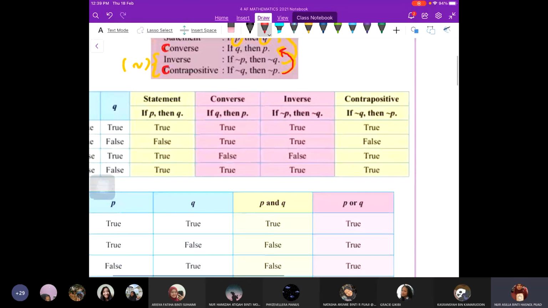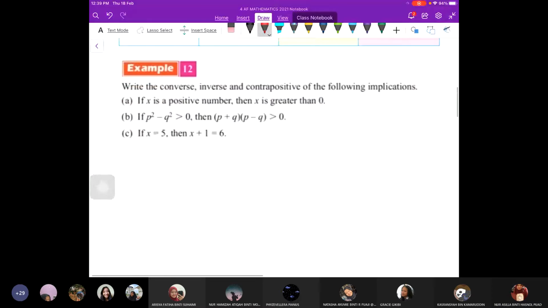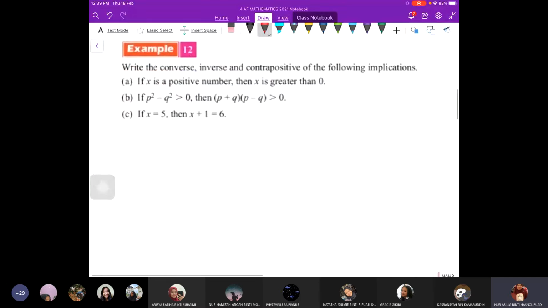Before kita masuk truth, let's do this sekejap. An example. So this is an example in your textbook. Dia minta you write down the converse, inverse, and contrapositive. Kalau tak ingat, bolehlah conteng kat sebelah ni.